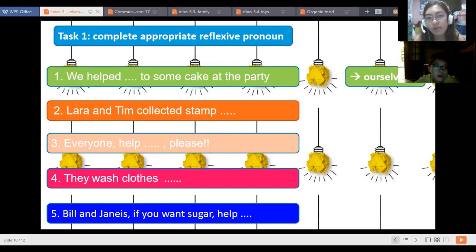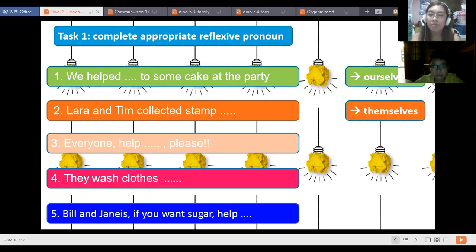We help ourselves to some cake at the party. Okay, so how about number 2? What is your answer? Lara and Tim correct themselves. What is your answer? Themselves.